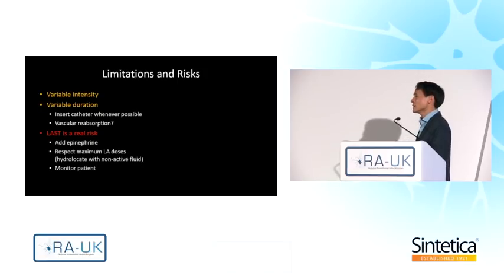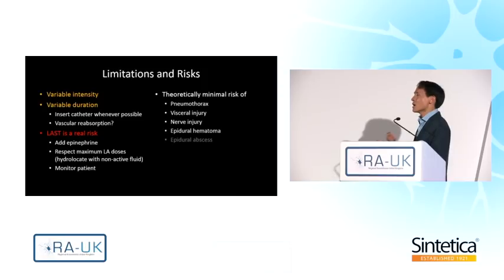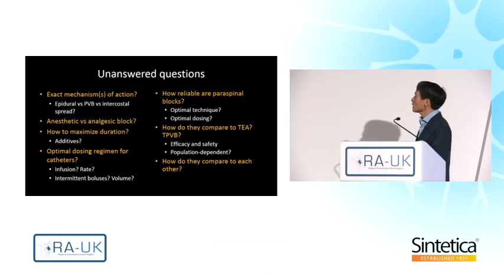So I would always add adrenaline, and I would respect the maximum local anesthetic doses that you inject and always monitor your patient afterwards. Theoretically, though, there is minimal risk of these complications compared to the more neuraxial techniques. We don't know yet whether it will result in less hypotension, but one would expect so. So lots of unanswered questions at this time.